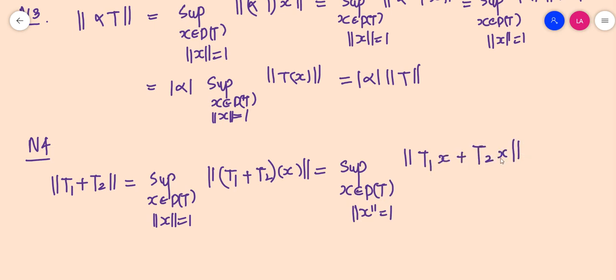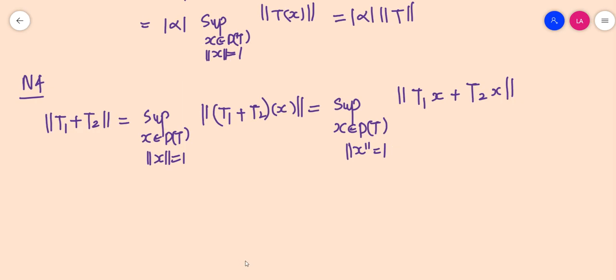Now by the properties of norm, by the triangle inequality, norm of T1 x plus T2 x is less than or equal to norm of T1 x plus norm of T2 x.